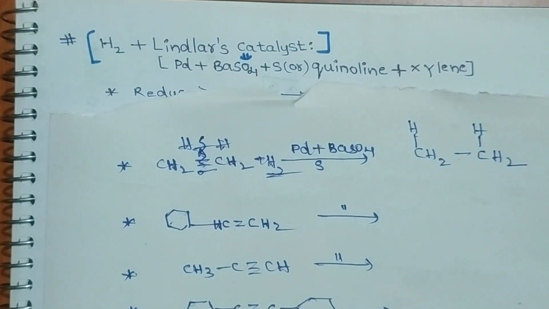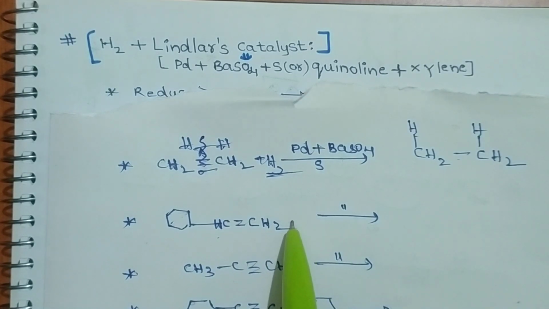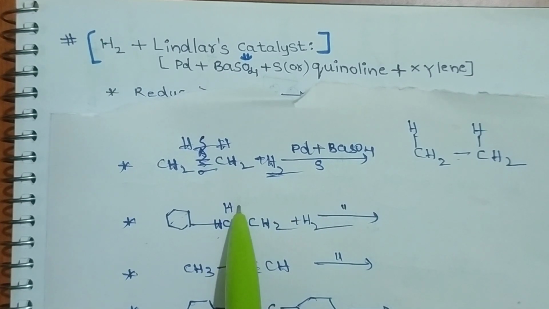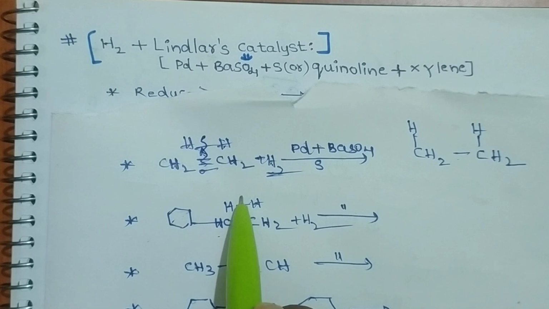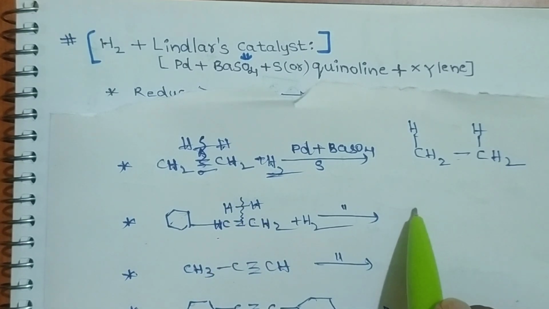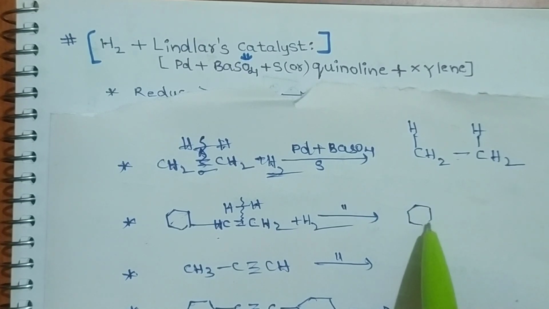This is Lindlar's catalyst. The next given compound is an alkene, and it is reacting with hydrogen. Now this pi bond is broken. Addition of hydrogens takes place on the same side of the double bonded carbon.